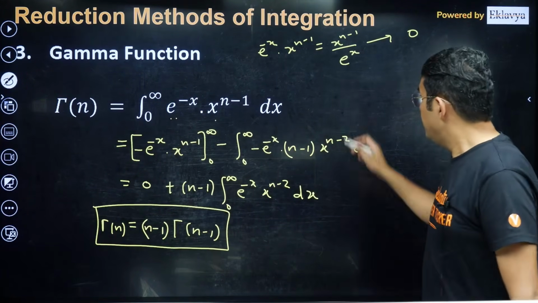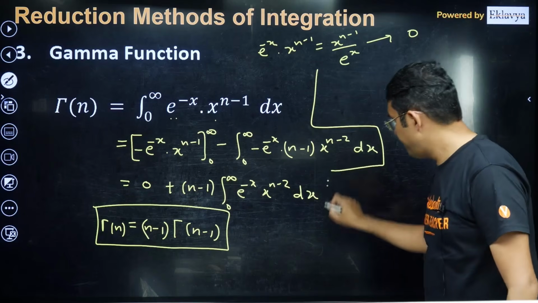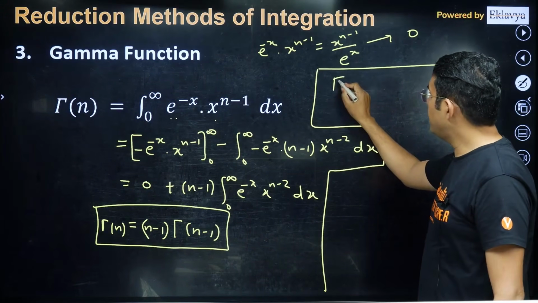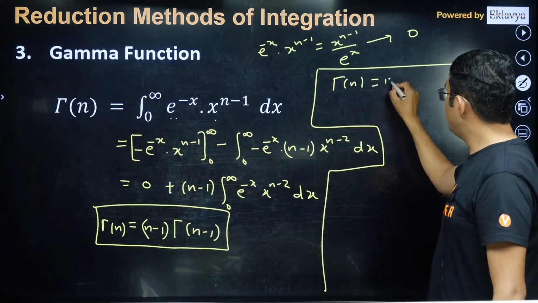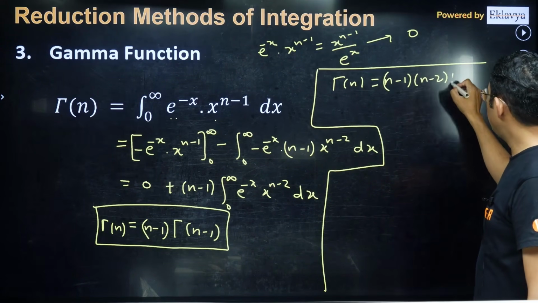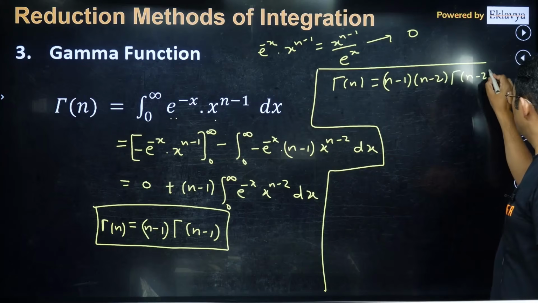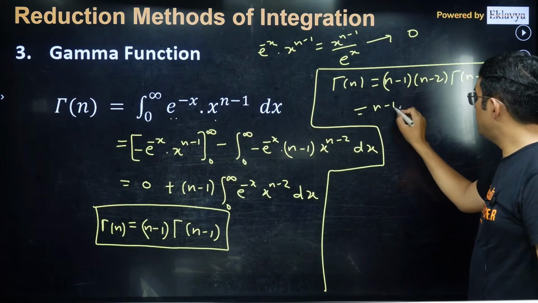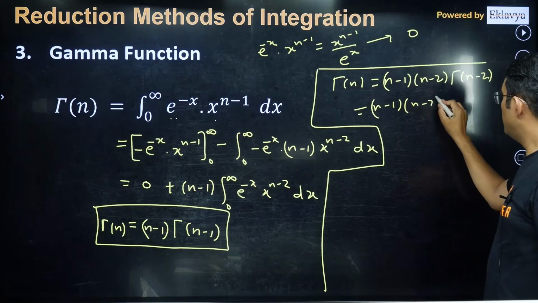So this means if this kind of integral is given, we can further write gamma n as n minus 1, then n minus 2, this will be gamma n minus 2. In fact, I can keep writing n minus 1, n minus 2, and so on.